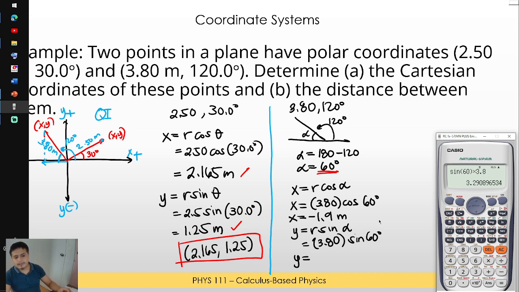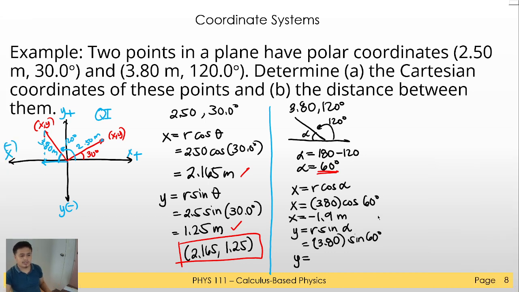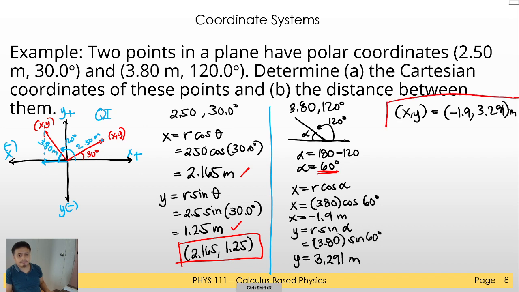So 3.291. Utilize 4 significant figures. 3.291 meters. Therefore, your other coordinate is negative 1.9 and 3.291. This should be in meters, guys. I forgot to write meters here.